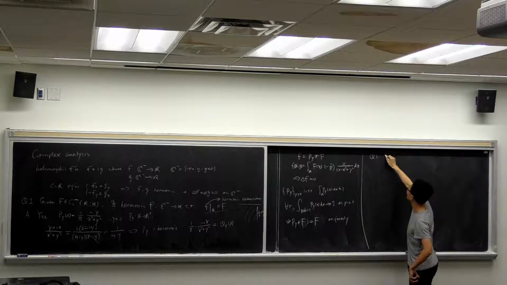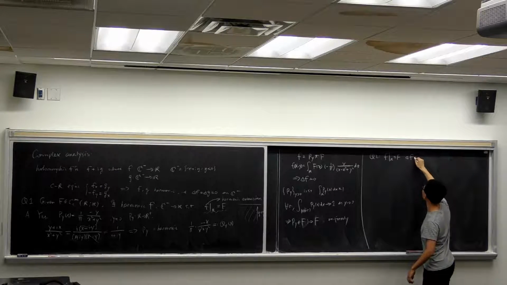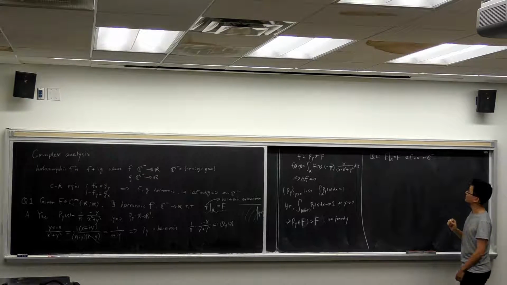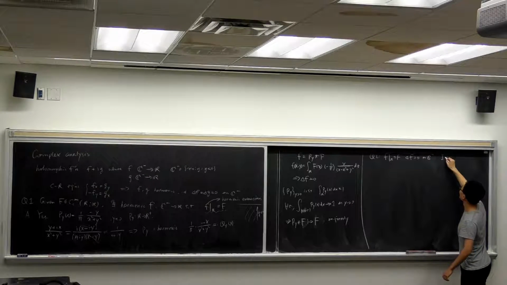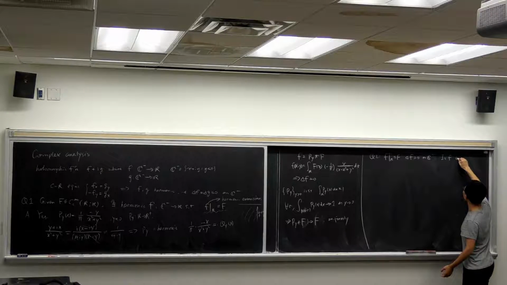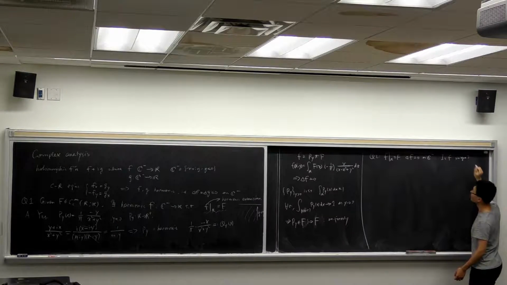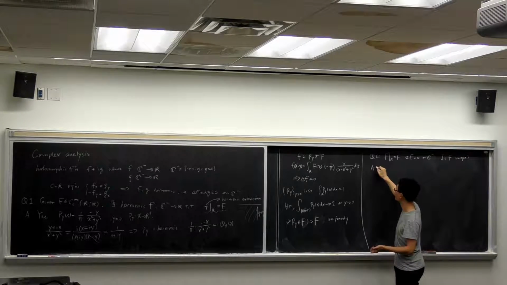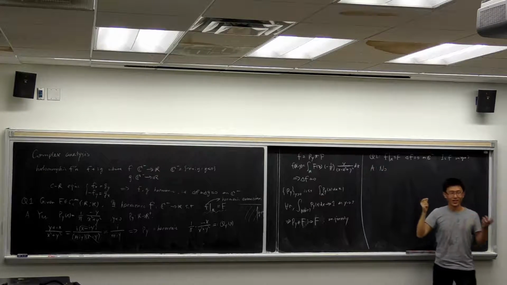So recall that we have this property, and we know this is harmonic on the lower half plane. The question is, is f unique? Since this is the second question, the answer could be no.